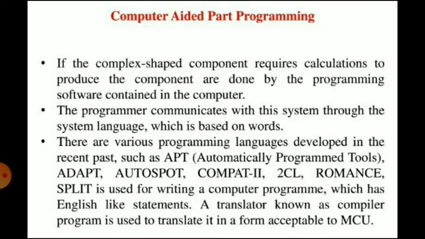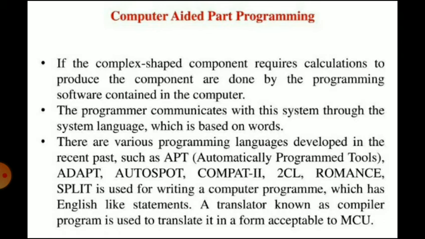The next type is computer aided part programming. For a complex shape component, the calculations required to produce the component are done by the programming software contained in the computer. The programmer communicates with this system through the system language, which is based on words.